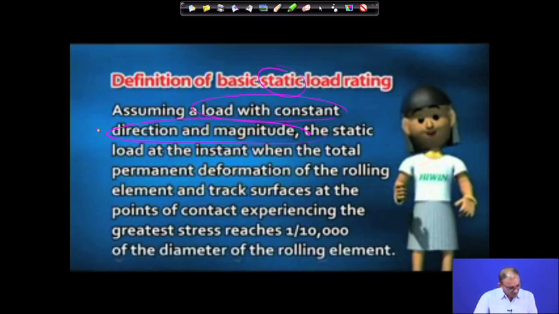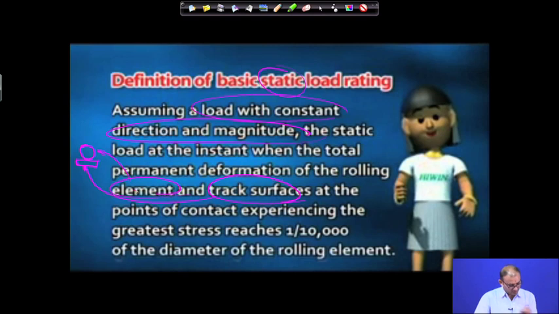We have a ball here, and this is the rail. The total permanent deformation of the rolling element, this is the rolling element, and the track surface, this is the track surface, because we have to consider both. If there is wear of the track, then again it is a problem, because there will be a little bit of clearance.